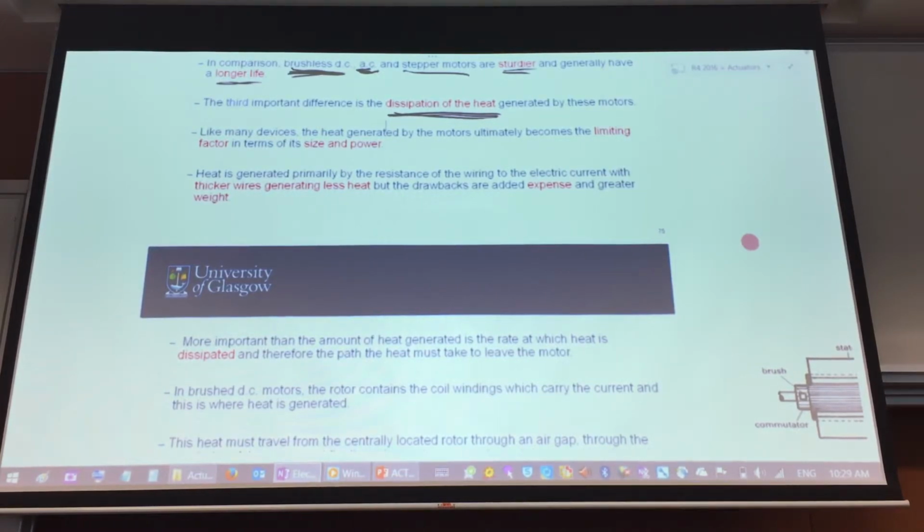That's true, but doesn't thicker wire mean a heavier motor, and more expensive, because thicker wire is more expensive? So there's that balance that we have to make. It's not always that if you want higher power, you go for a thicker wire that's coiled inside.